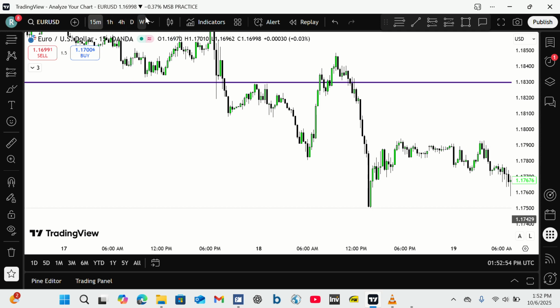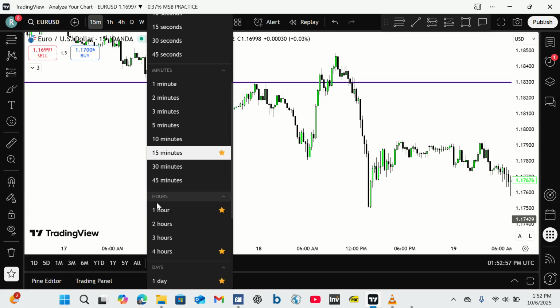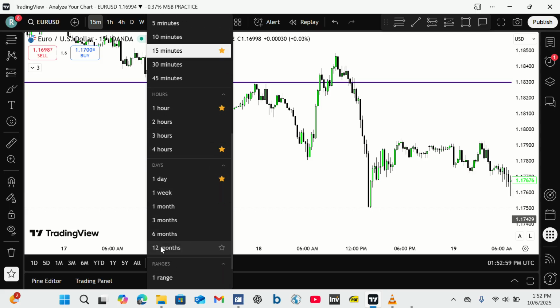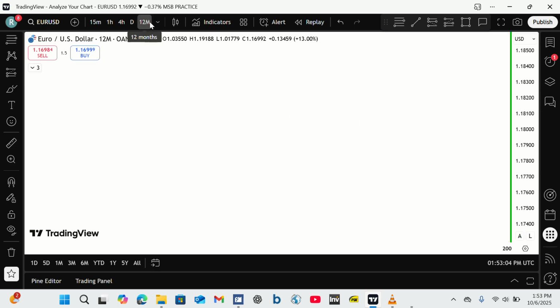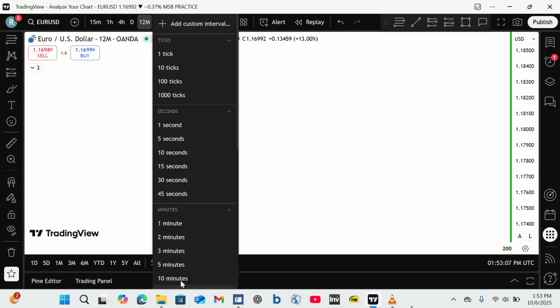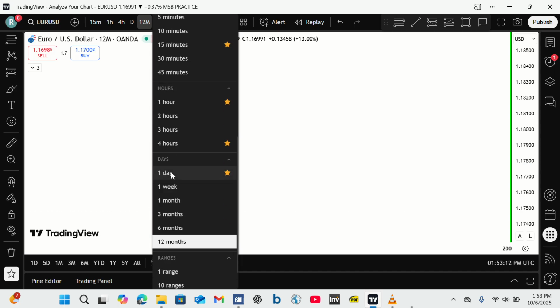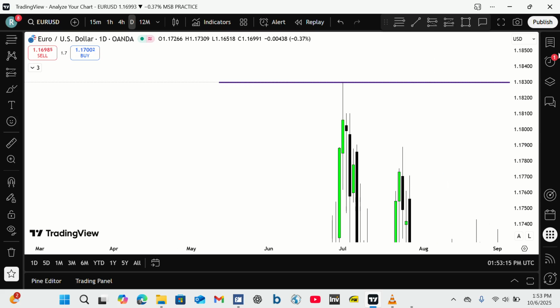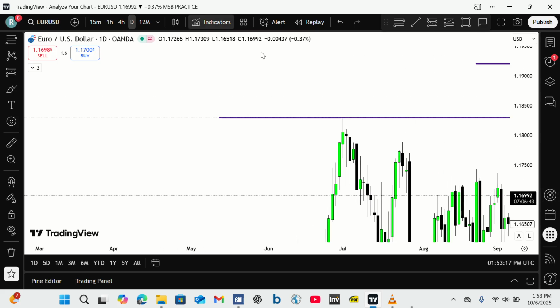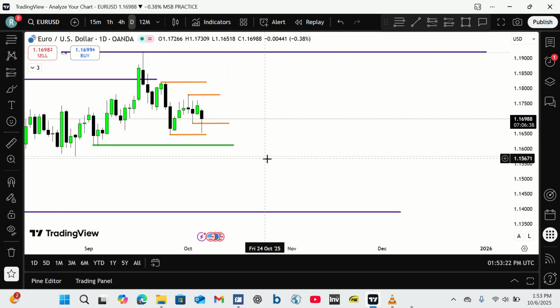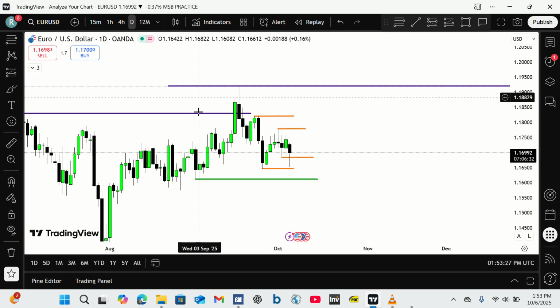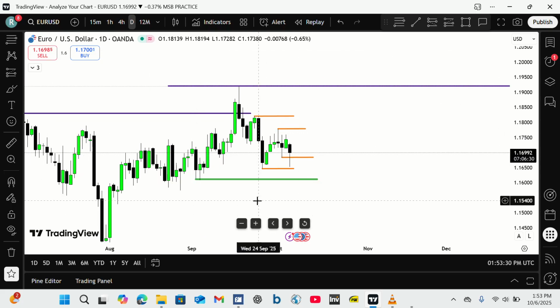So when you go to the time frame, this time just use the daily.